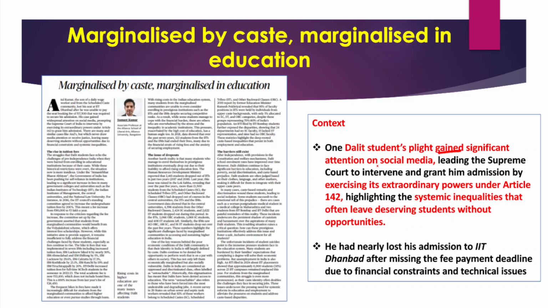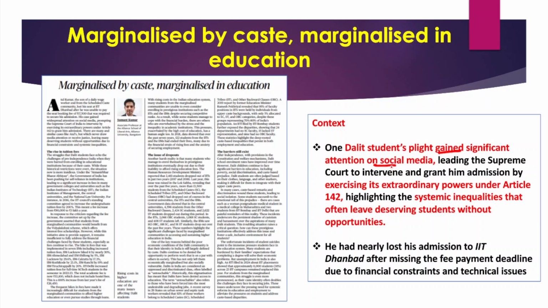Recently one incident has happened and that has gained a lot of attention on social media. And in fact, that incident involved a Dalit student. It happened at IIT Dhanbad.